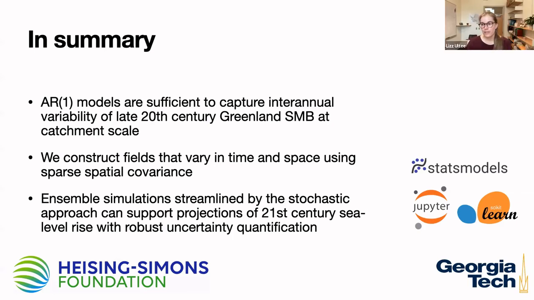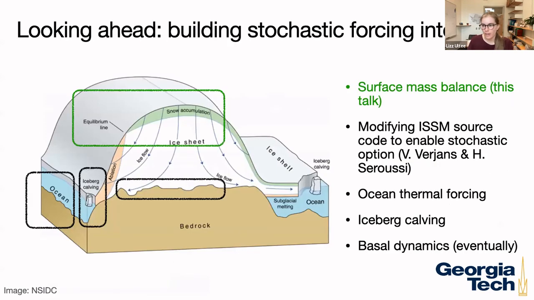Right, absolutely, and that's why I mentioned that in the outline of wish list and things that we would like to do, basal dynamics maybe eventually. So surface mass balance, what I've presented here, is an accessible first step of a stochastic forcing that we could put into ISSM. We have a lot of data available about surface mass balance, spatially resolved fields, which are observable at the surface.